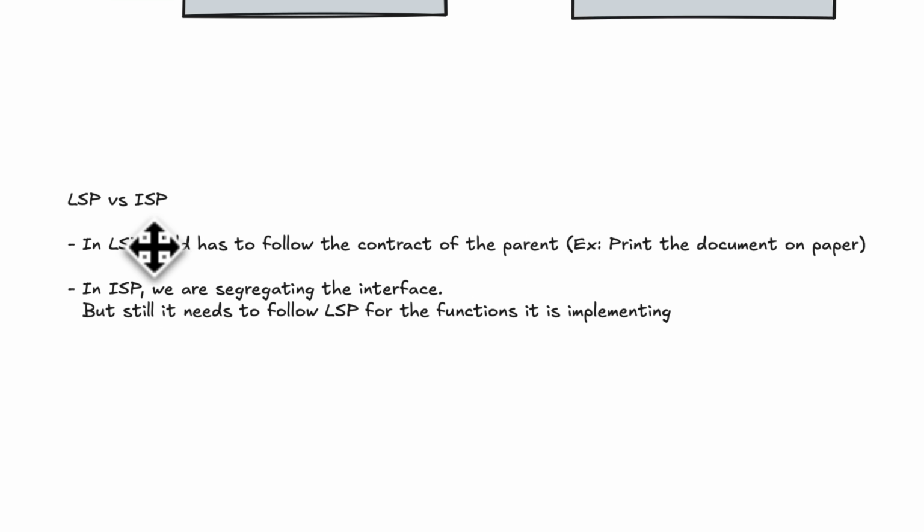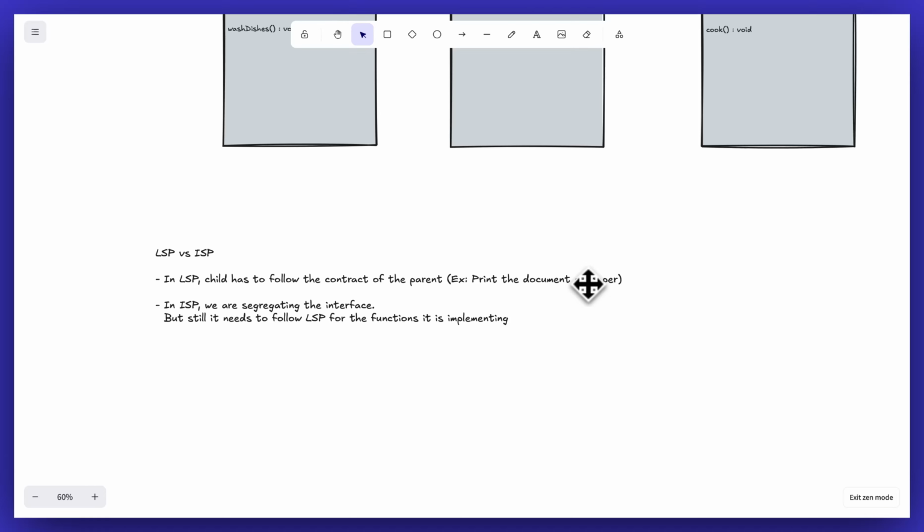In LSP, the child has to follow the contract of the parent. For example, the contract of the parent was that the child should print the document on paper. But if the child is throwing an exception instead of printing, or if the child is logging instead of actually printing the document on the paper, then that is a violation.